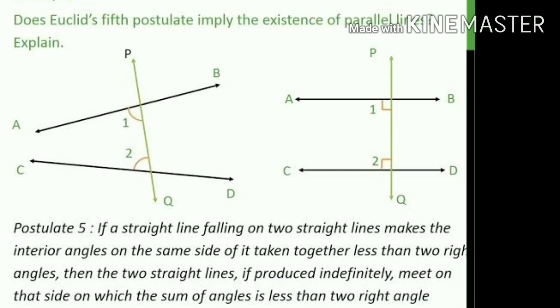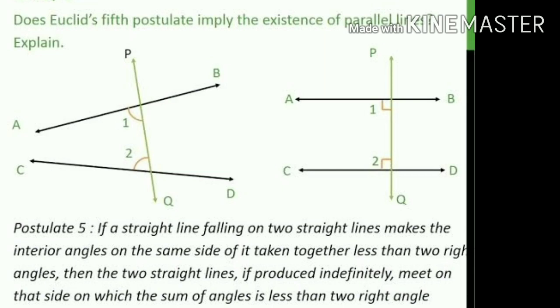Let us look at this statement once again. If a straight line meets two other lines so as to make the two interior angles on one side of it together less than two right angles, the other straight line will meet if produced on that side on which the angles are less than two right angles.